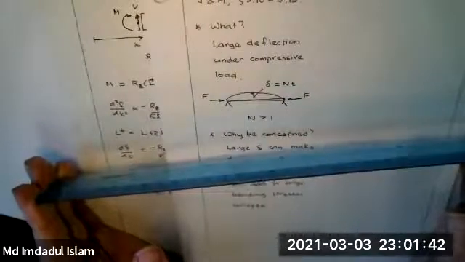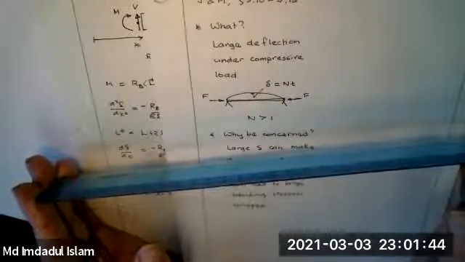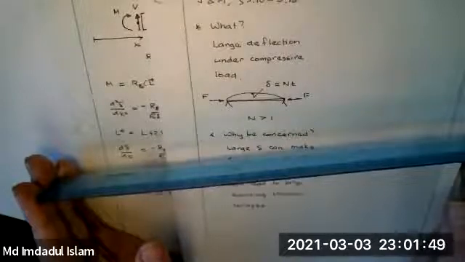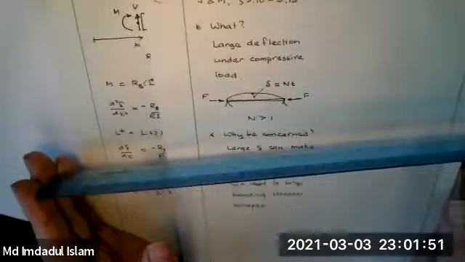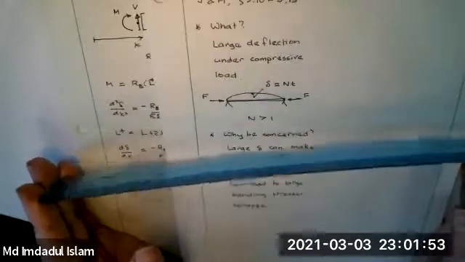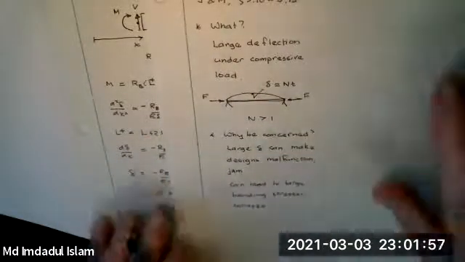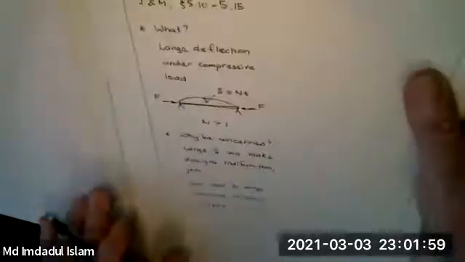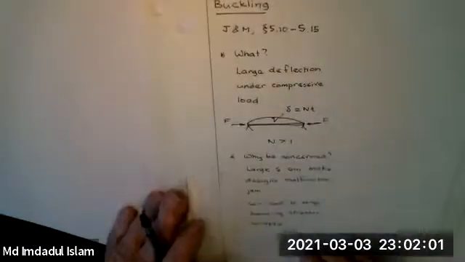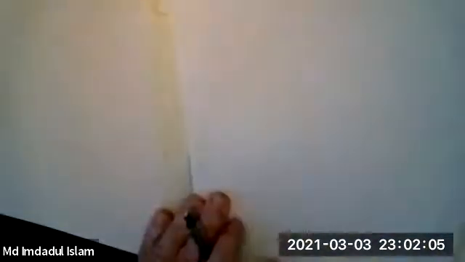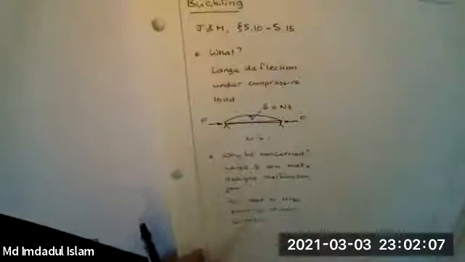I don't want you to think that when you get buckling, you necessarily have things break. It's just the propensity to do so is higher. So what we want to do is figure out what load causes this. And if we can figure out the load that causes this, then we can design structures or components so they stay below that load and they don't buckle.